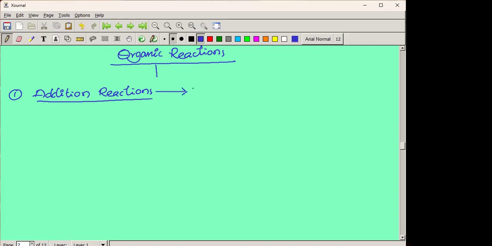These addition reactions are of three types: free radical addition reactions, electrophilic addition reactions, and nucleophilic addition reactions. We will discuss each of them in detail. The second one is substitution reactions.